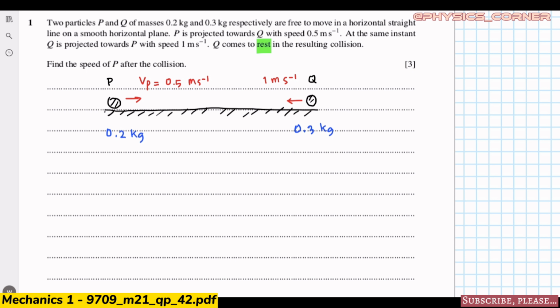So we use conservation of momentum here. Mass P times Vp plus mass Q times Vq equals mass P times Vp after collision plus mass Q times Vq after collision.